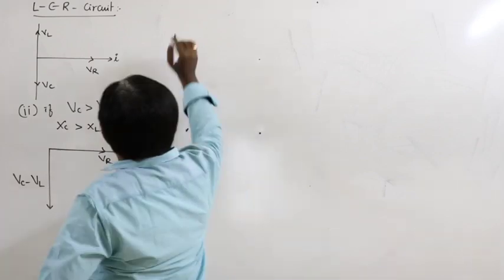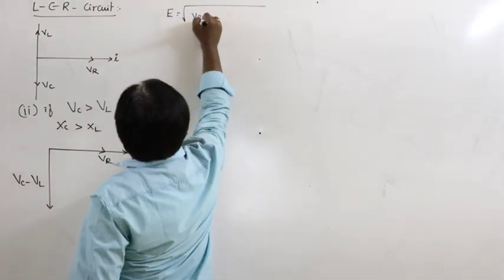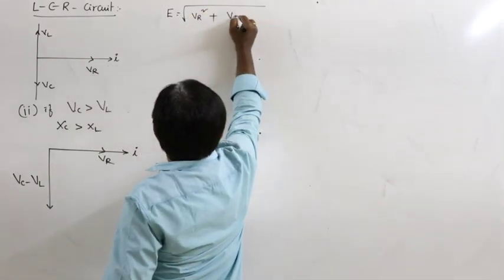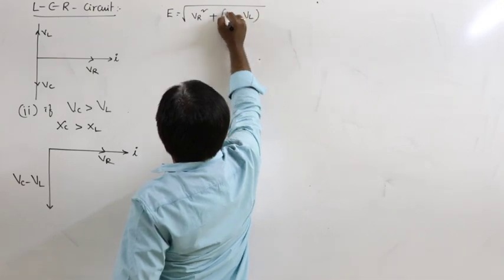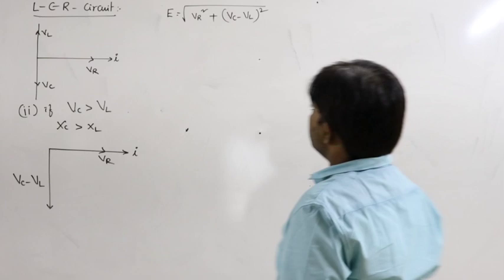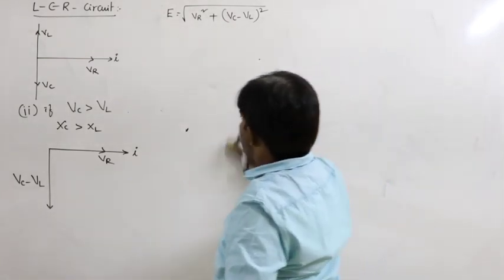So what is the net potential? E can be written as under root VR square plus VC minus VL whole square, because the angle is 90 degrees.